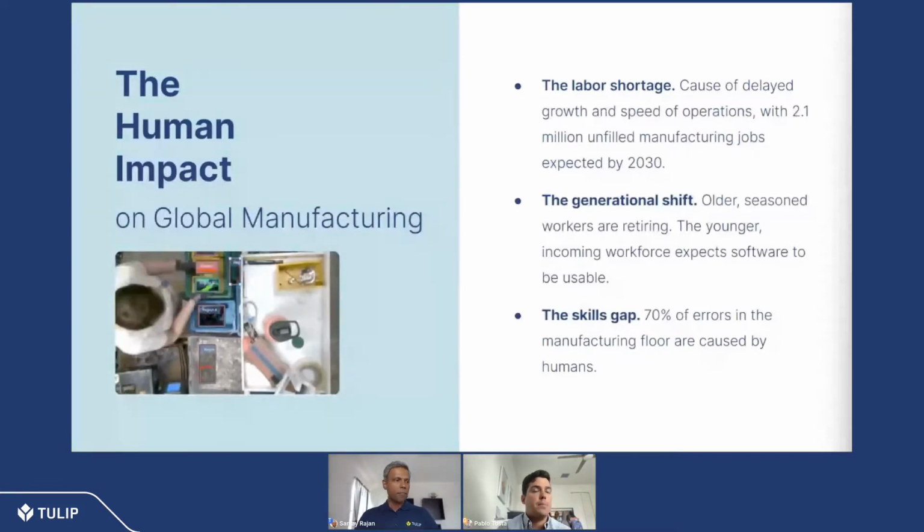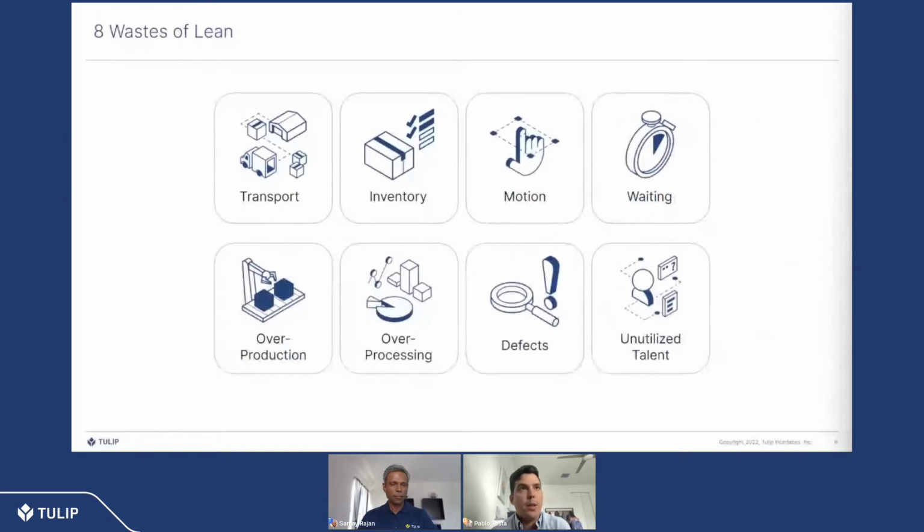Yep. I think it's important to highlight the last point there, which is the skills gap, right? If we cover the 8 wastes of lean, you have transportation, inventory, motion, waiting time, overproduction, overprocessing, and defects, and then also unutilized talent.